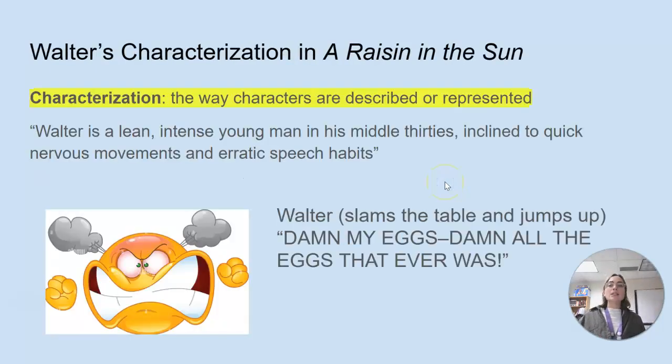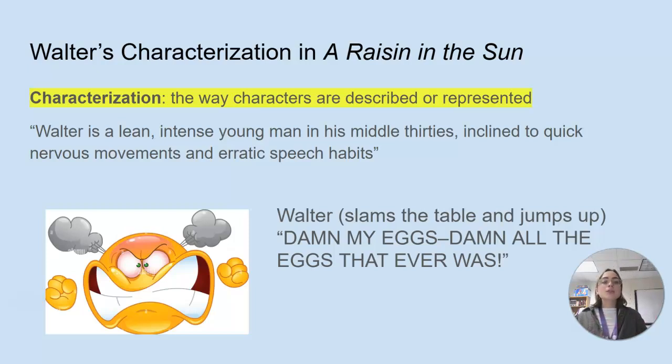I want to talk about an example of characterization from the play we read this fall, A Raisin in the Sun. When we started reading A Raisin in the Sun, we didn't know anything about the characters, right? But we learned about Walter and his family through the way that they were described and represented. So at the beginning of the play, we got this physical description that told us Walter is a lean, intense young man in his middle 30s, inclined to quick, nervous movements and erratic speech habits.